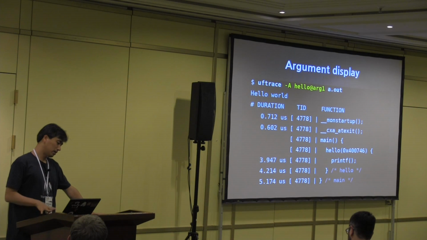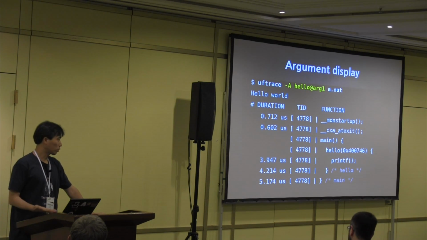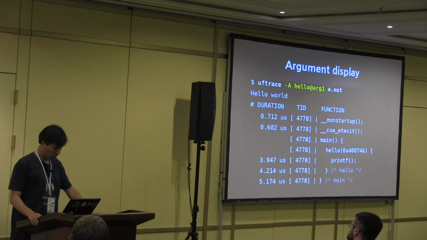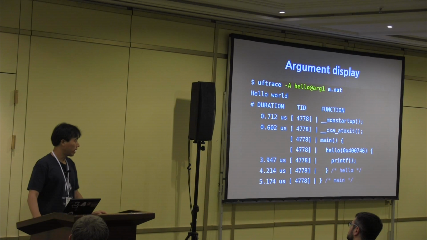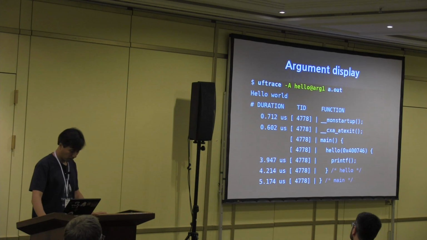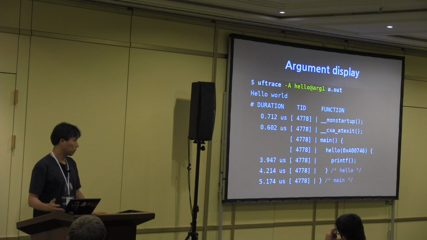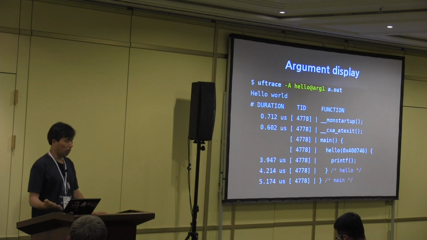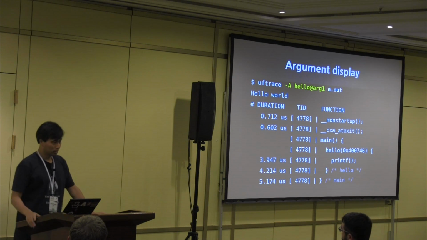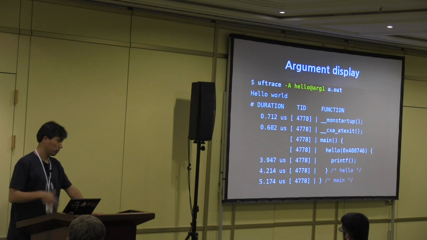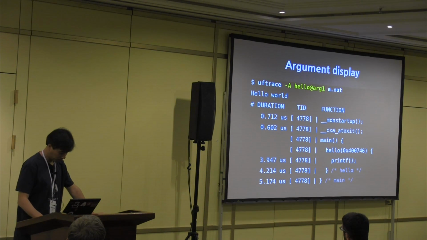And I know it's very complex when the arguments contain floating point values and there are many arguments. So it already has a way to specify the kind of syntax using the name of the register or the offset to the stack base. But for the simple cases, it just provides arg1, arg2, arg3, or that kind of simple syntax to access the arguments.